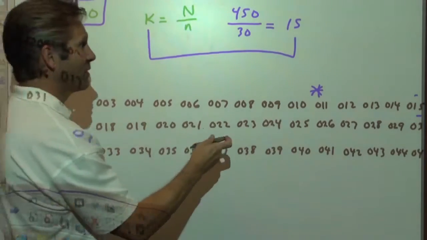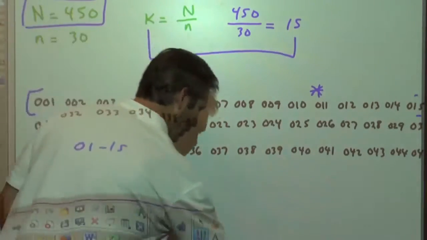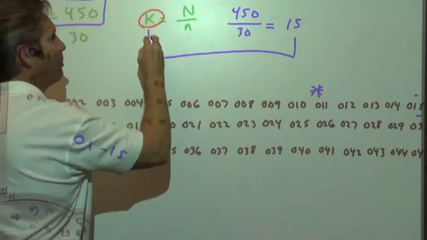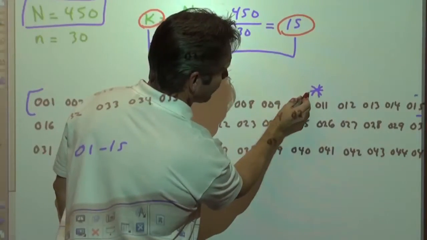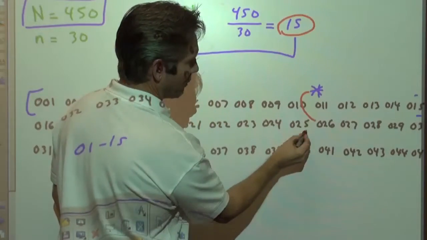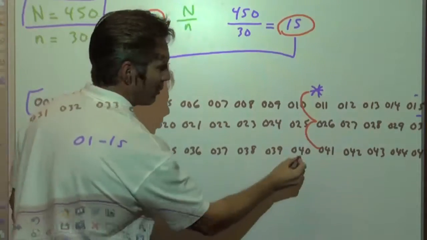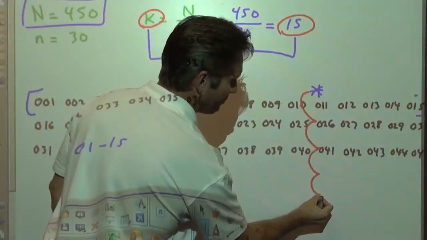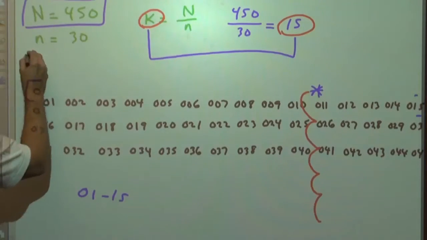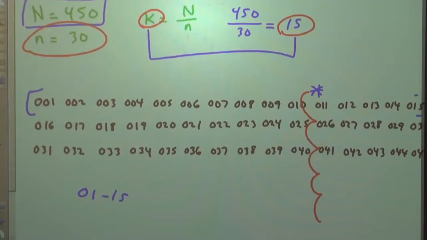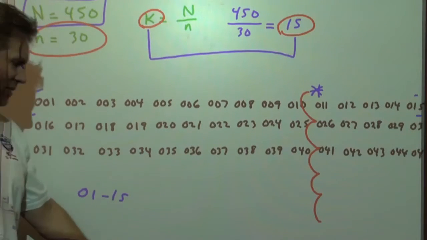Well, now from there it's systematic, so we are going to bounce by 15 each time. So it's the 11th person, add 15, it's the 26th person, add 15, the 41st person. We'll just keep adding 15 until we make it near the 450, and when we're done, we will have 30 people in our sample, but this has been done systematically.